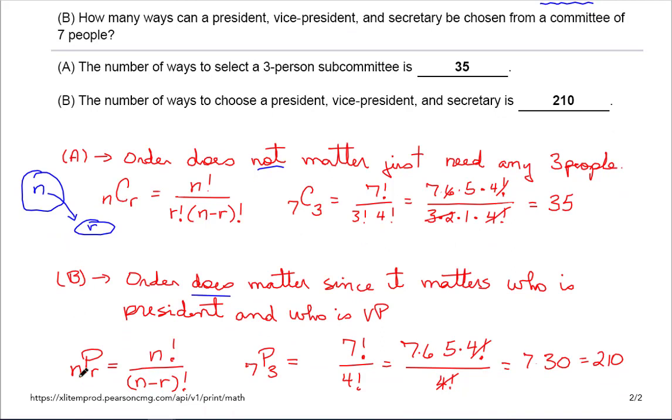But the same idea, I have N things to pick from, and I'm picking R of them. And in our case, that's 3 of the 7. So let's see, 7 factorial over 7 minus 3, which is 4 factorial. And then simplify this, and I get 7 times 30, which is 210.